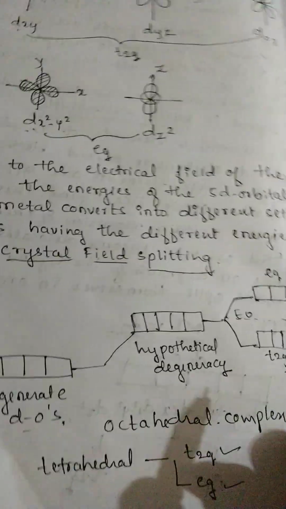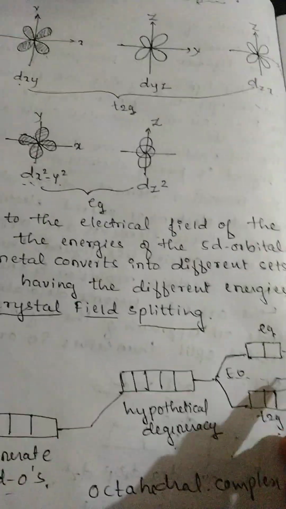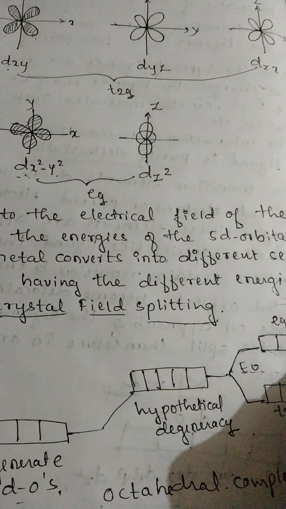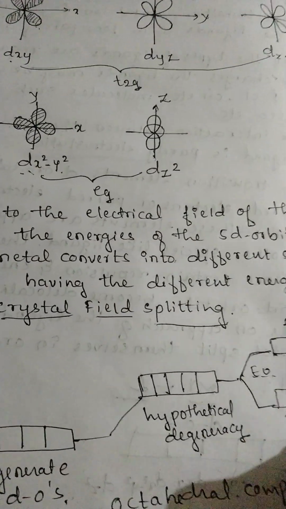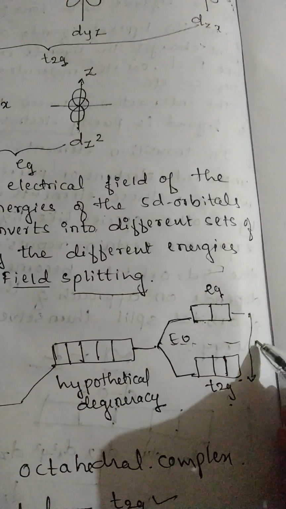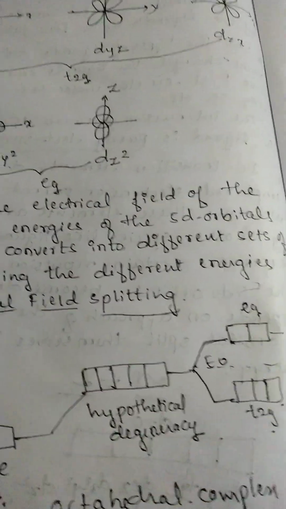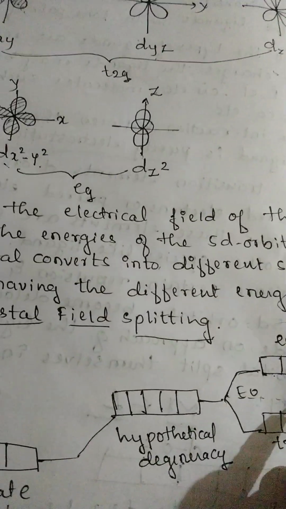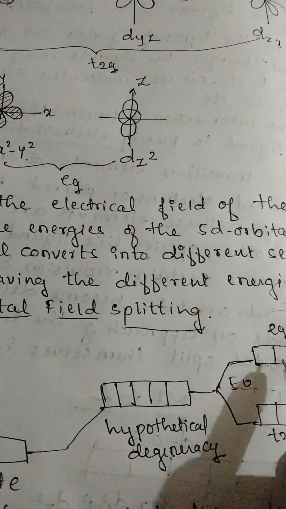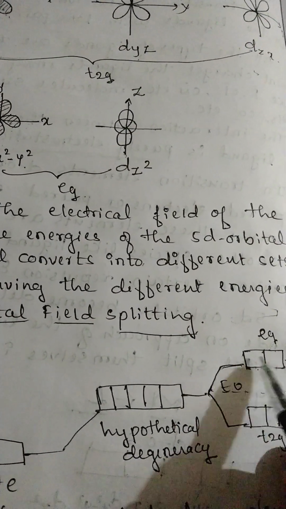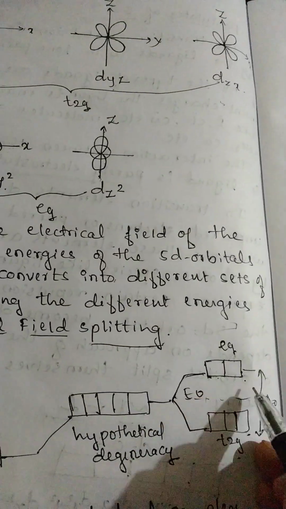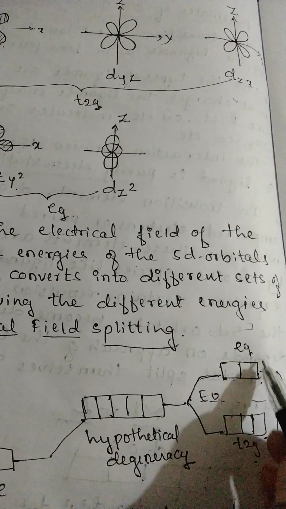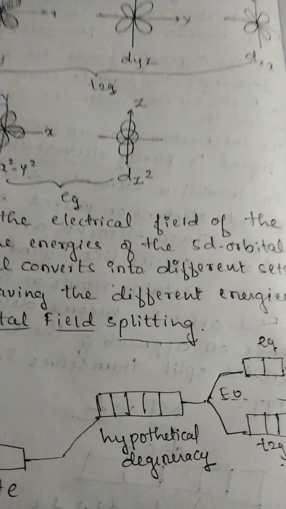Now we have to find the crystal field splitting energy. It is denoted by delta naught.